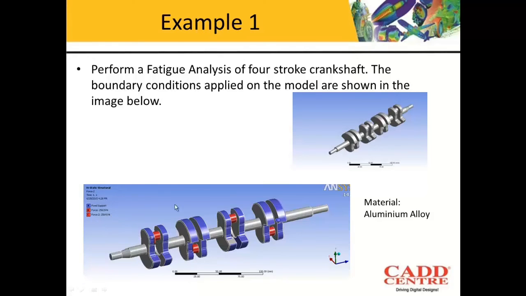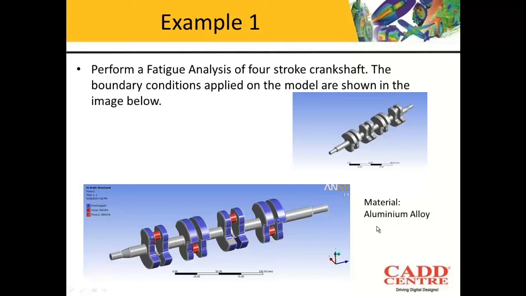So over here and over here it is acting in the negative y, and over here and here it is acting in the positive y. And this will be repeated for a number of cycles. So we need to understand for how many cycles this model will last.